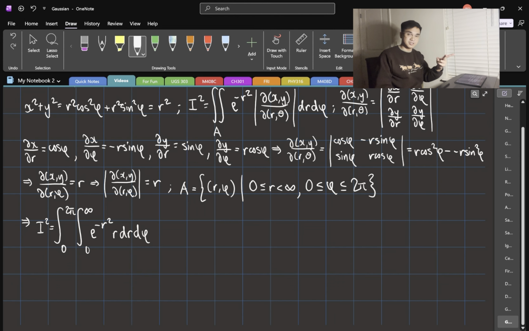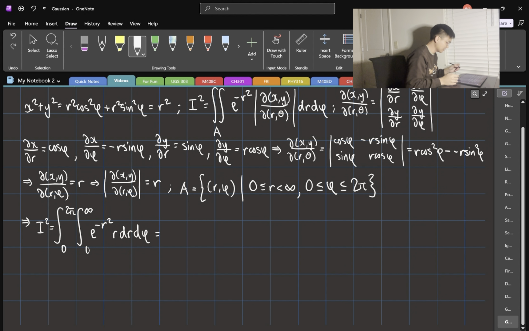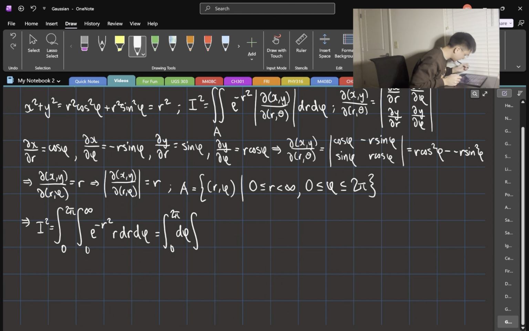We have a multiplication of two integrands here, and we can break it up into two integrals. Instead of this double integral, I can turn this into a product of two independent integrals. I'm going to put the phi integral in front, and then the radial integral, the r integral, second. Meaning we have an integral from 0 to 2 pi in phi, and then the remaining integral, r e to the minus r squared dr.